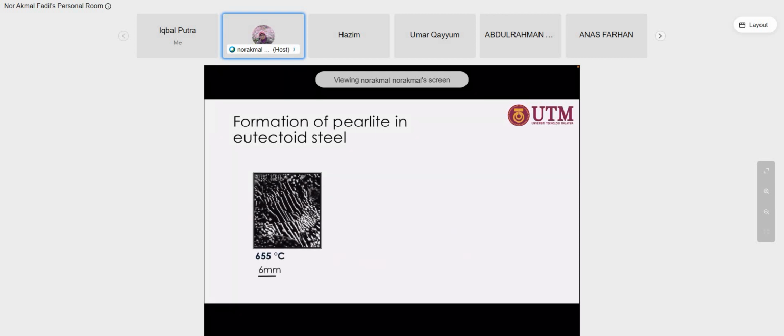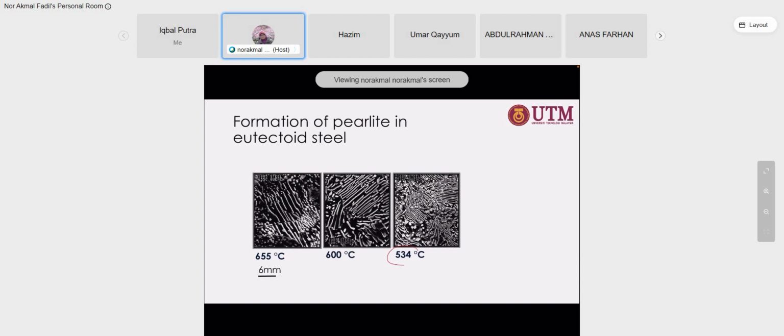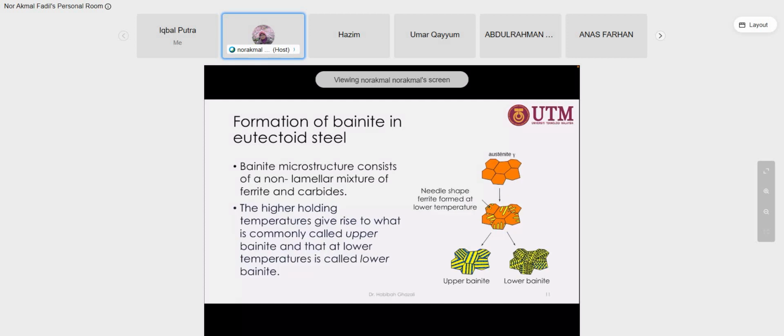Okay, so this is pearlite at a different quenching temperature or isothermal temperature. Further reduce the temperature, and you see the grain becomes smaller, and so forth. All right.